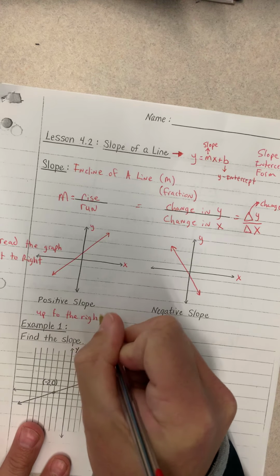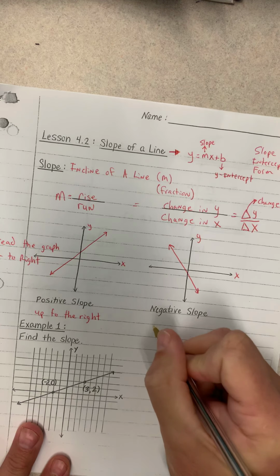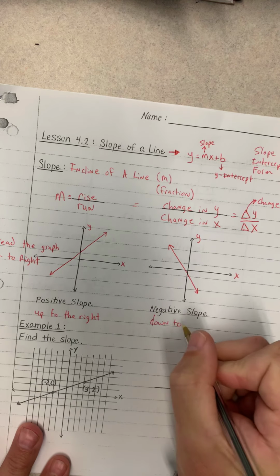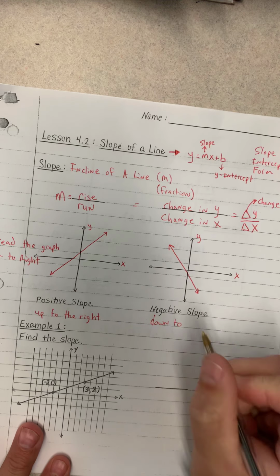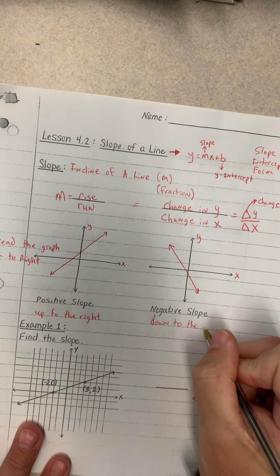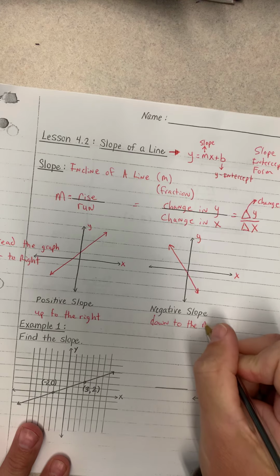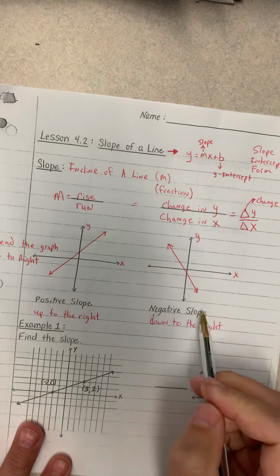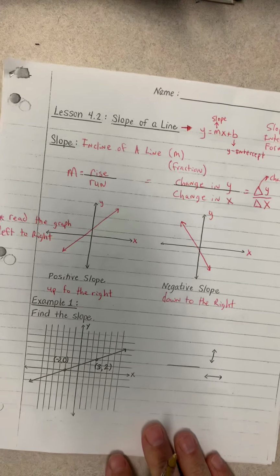It rises. In negative slope, it simply goes down to the right. One is rising, positive, one is falling, negative.